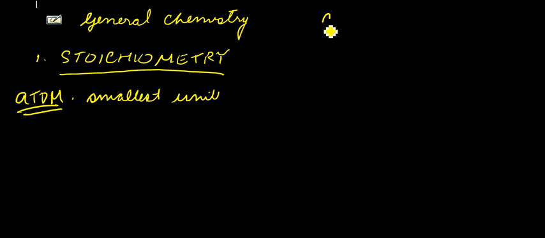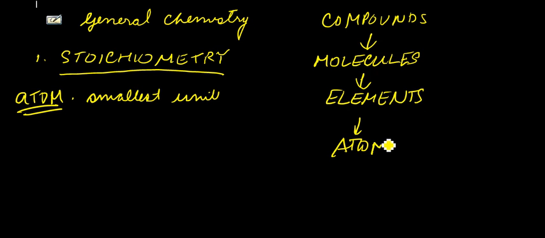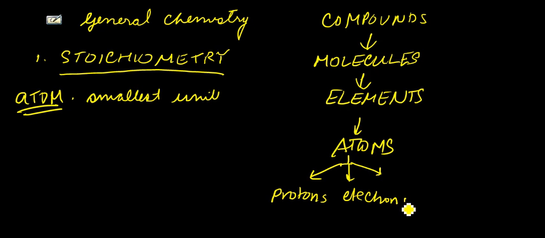So you go from compounds to molecules. These molecules can be broken down into elements, and these elements are made up of atoms, and atoms are made up of protons, electrons, and neutrons.